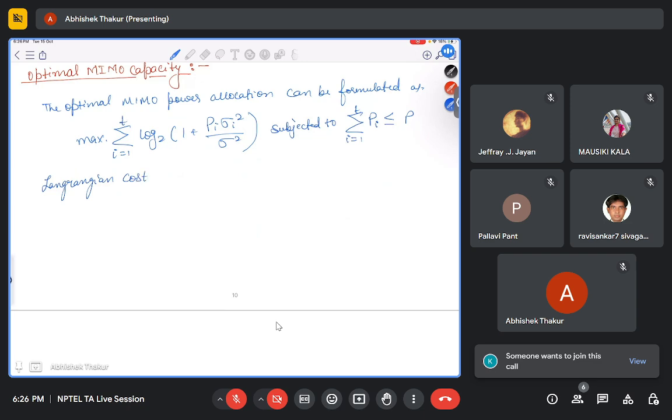The Lagrangian cost function can be written as a function of P bar and lambda, with i equal to 1 to T, plus lambda times P minus summation of Pi.